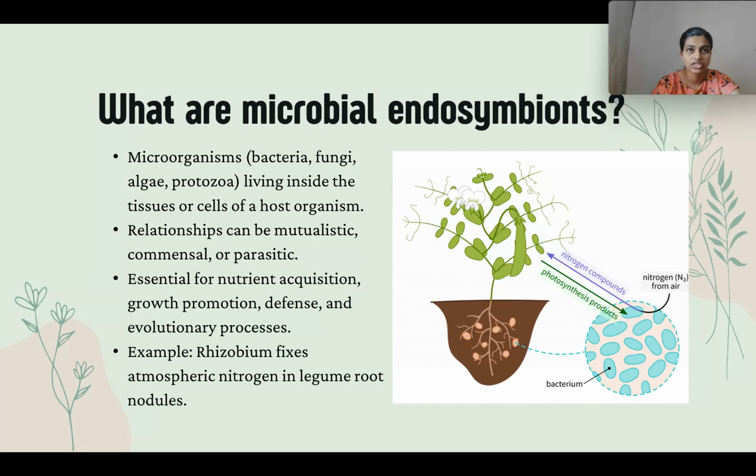They play an essential role in nutrient acquisition, growth promotion, defense mechanism, and even evolutionary adaptations. For example, Rhizobium species inhabit the root nodules of leguminous plants where they fix atmospheric nitrogen into ammonia, which is a usable form for the plants. In return, bacteria receive carbohydrates and a protected shelter.